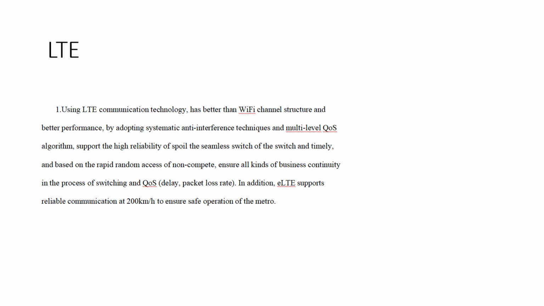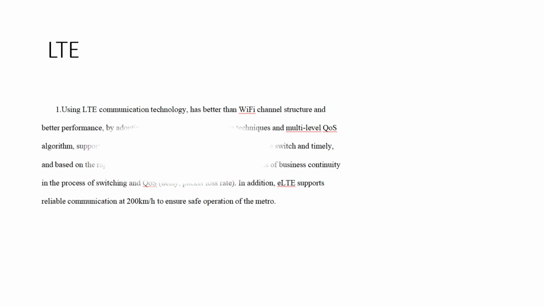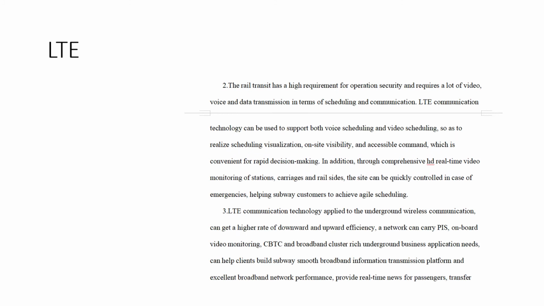So the first one is using LTE communication technology, which has a better channel structure and better performance than Wi-Fi. The next one is that rail transit has higher requirements for operation security and requires a lot of video, so we can use LTE technology for this. And the next one is applying it to underground wireless communication.